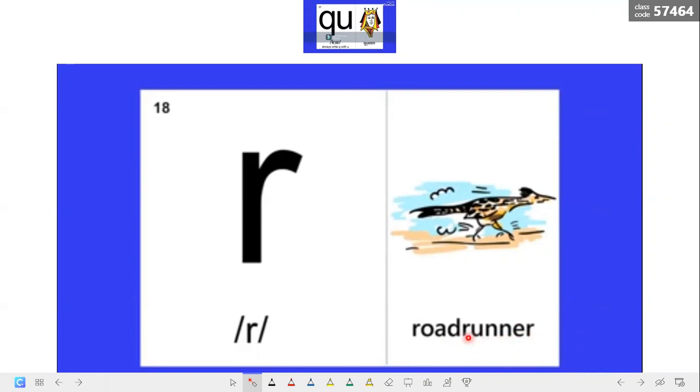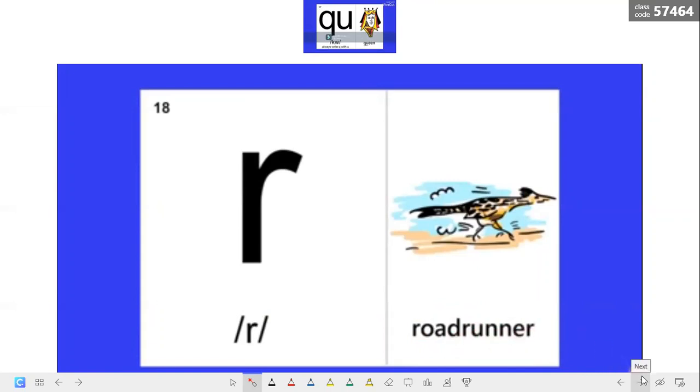In American English, they pronounce the R sound, whether it is at the beginning or in the middle or at the end. So we say road runner, runner. This is in American English, but in British English we say road runner, runner.